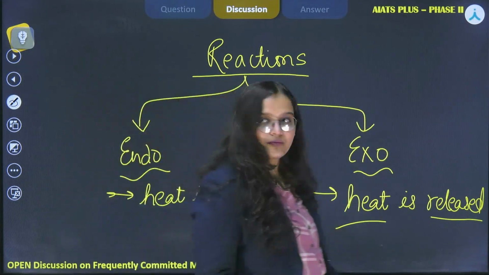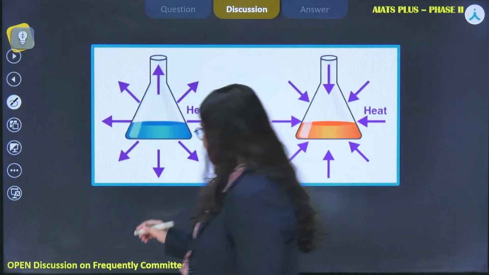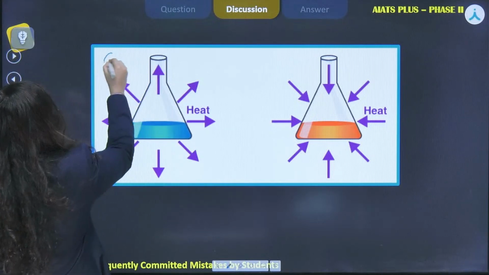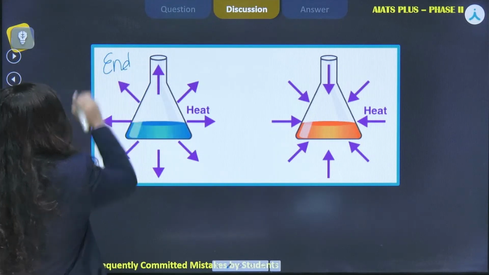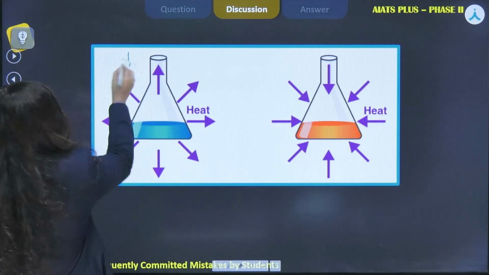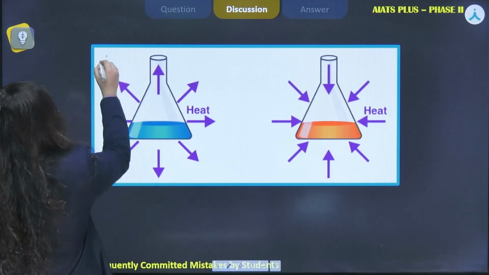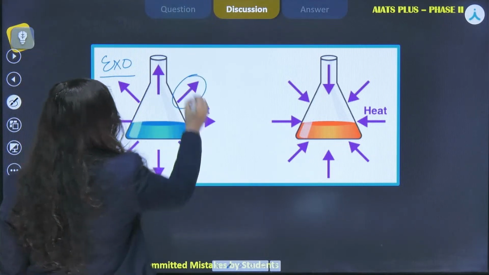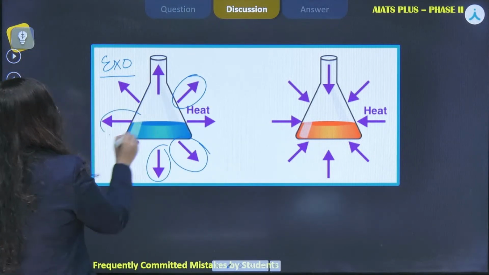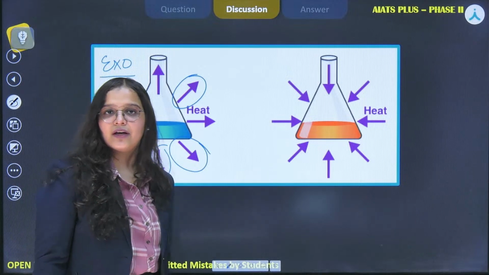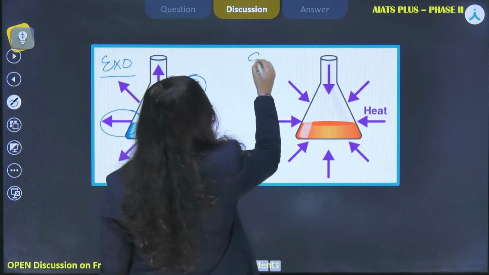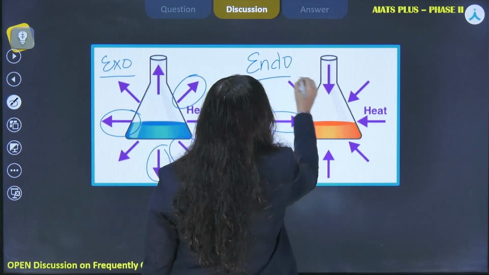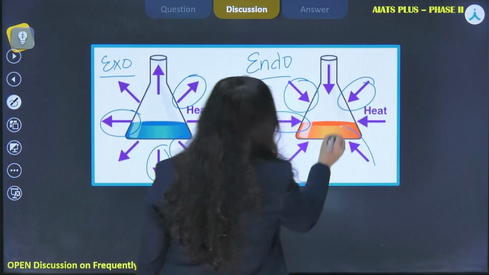And we can see that the first figure that we have here represents our exothermic reaction, because heat is being released from the system, whereas our second figure represents the endothermic reaction, because heat is being supplied to the system.